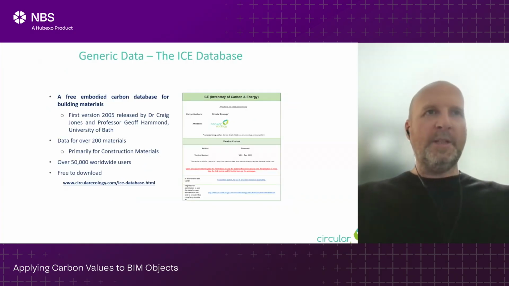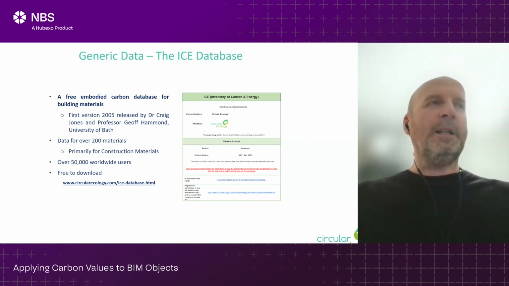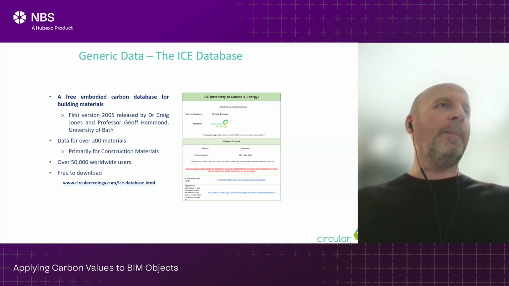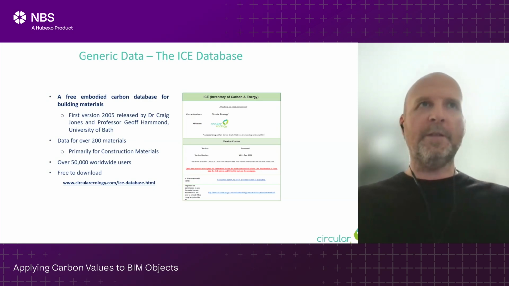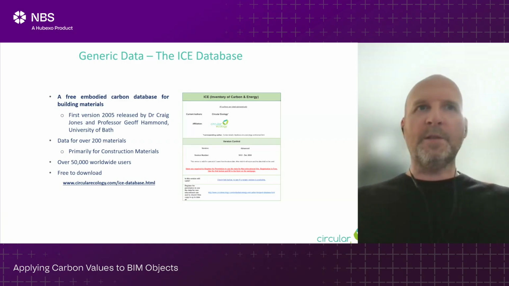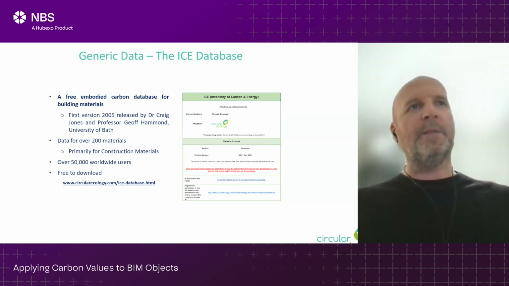Now, one of the main data sources is called the ICE database, the Inventory of Carbon and Energy database, which I first made when I was a researcher at the University of Bath under the supervision of Professor Geoffrey Hammond. It contains data for about 200 different construction materials, and it's been downloaded by tens of thousands of people from around the world over the years.